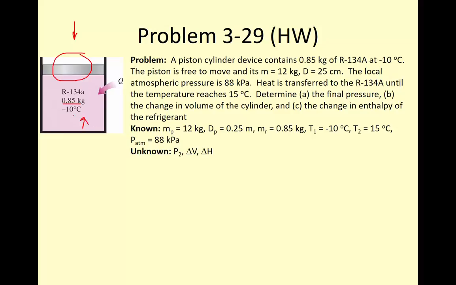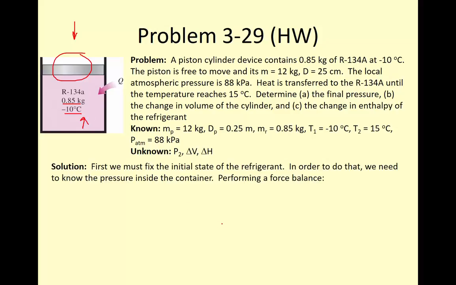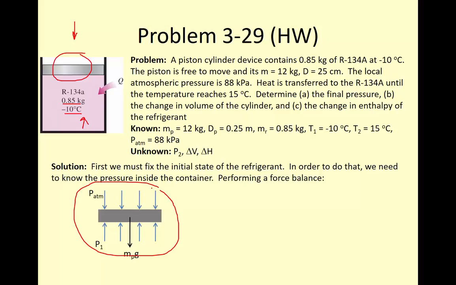Because we know the mass and we know the temperature, but we don't have another independent property to fix the state. So we're going to have to calculate the pressure. So to fix the state of the refrigerant, we need to know the pressure inside. So we would perform a force balance like this.